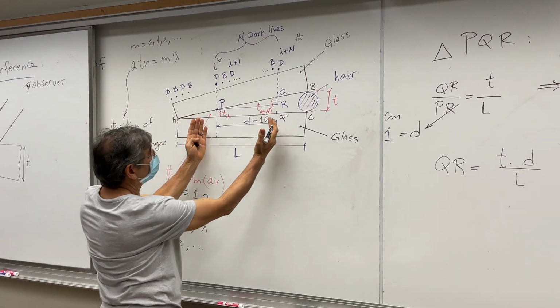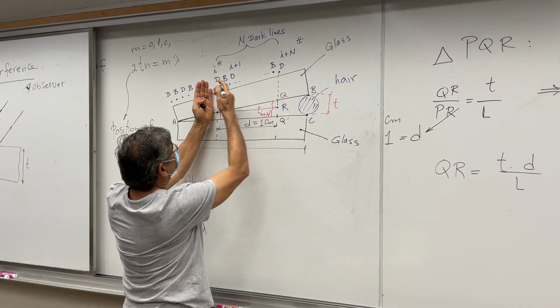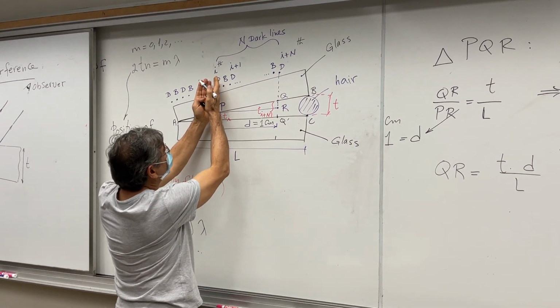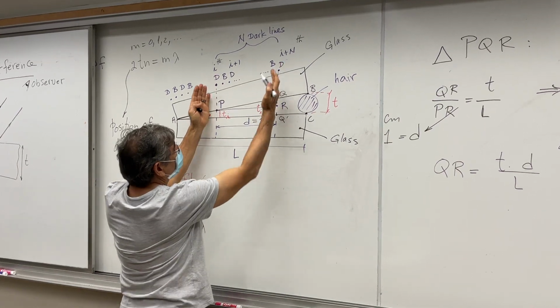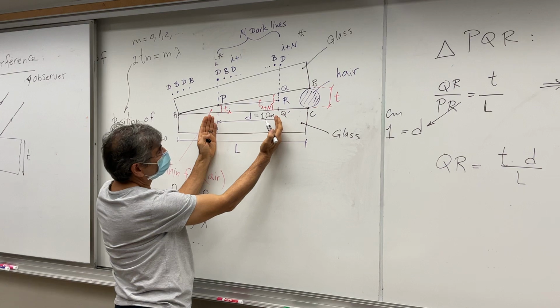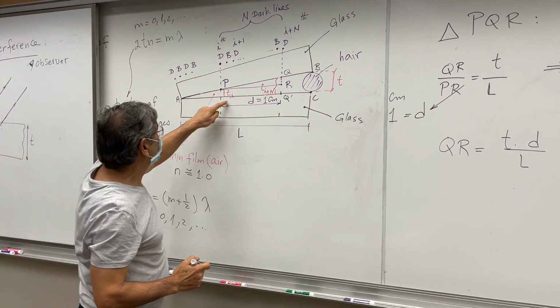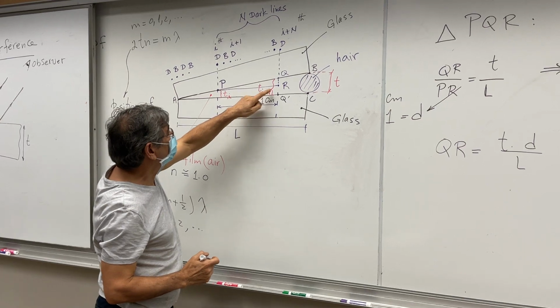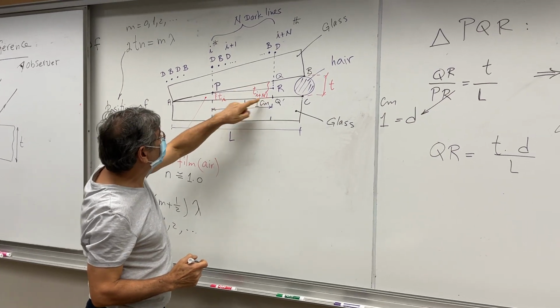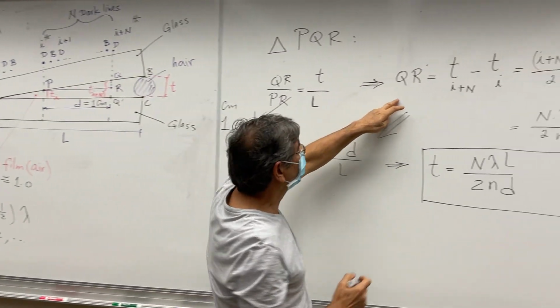Remember, these are the two locations where we have marked, and so we can basically see the first dark and the last dark fringe that is within this distance. Okay, T_i and T_(i+N). You subtract these two from each other, you're going to get QR, and that's what I have written right in here.